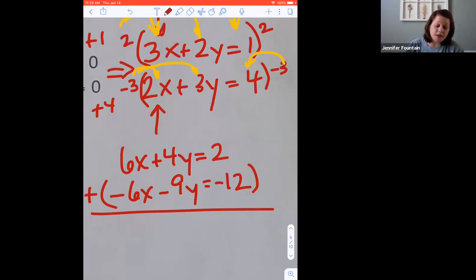I could have multiplied my first equation by 4 and the second one by 6 and made 12s. What I want to do is keep my numbers as small as possible, but realistically, I could pick any numbers, positive or negatives, to multiply by as long as I'm making an opposite term to cancel.